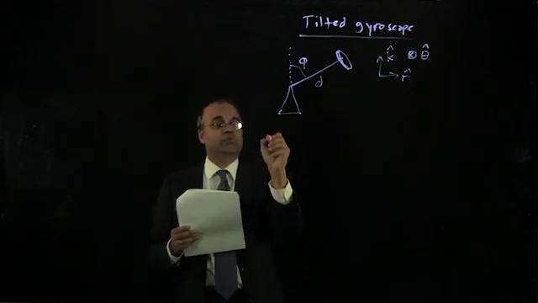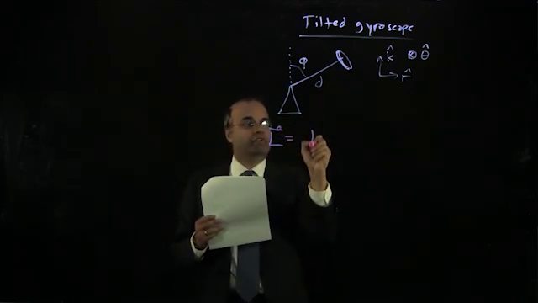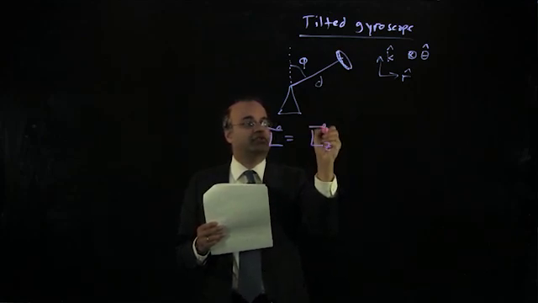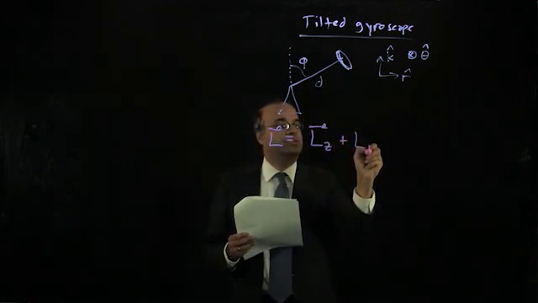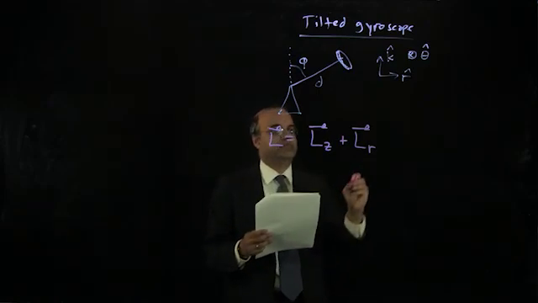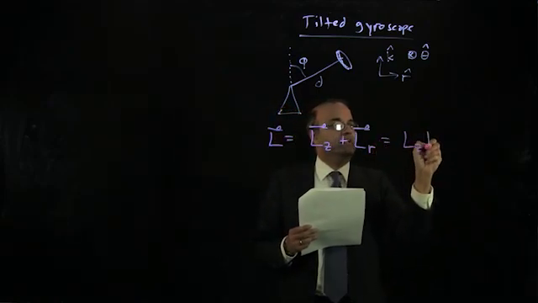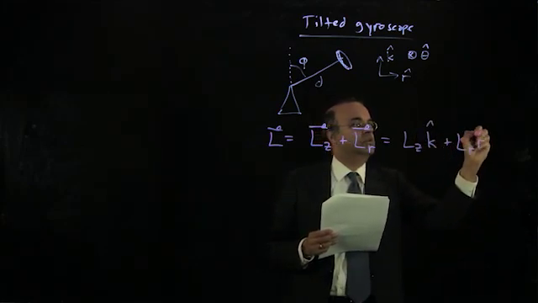So in other words, my angular momentum vector can be written as the sum of a vector pointing along the z-axis, or the k hat direction, plus a vector pointing in the radial direction. I could also write that as L sub z times k hat plus L sub r times r hat.